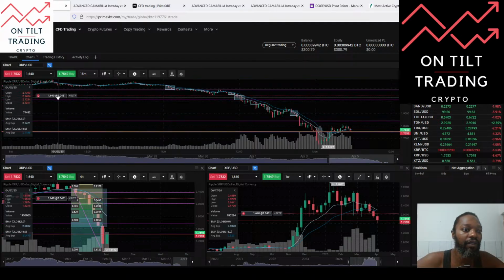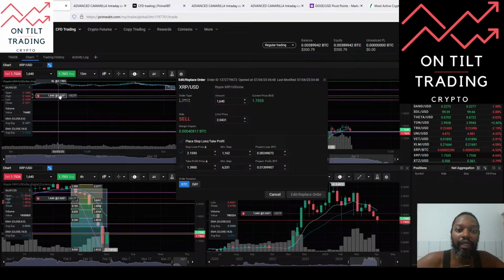And then if we have a look at the order here, this is the order I have in with an entry price of 2.0431. And then we're looking at around a 5 to 5.5 to 1 type of reward to risk ratio on this trade.